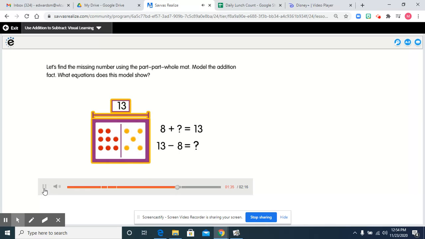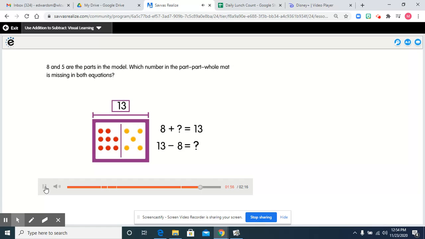Model the addition fact. What equations does this model show? Eight plus 5 equals 13, and 13 minus 8 equals 5. What are the parts in the model? 8 and 5 are the parts in the model.